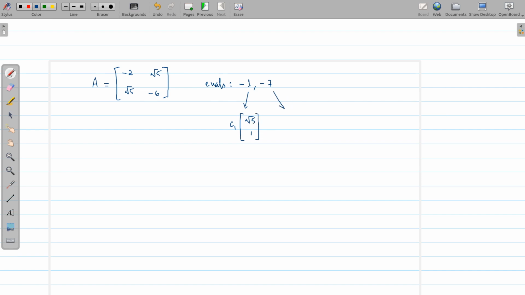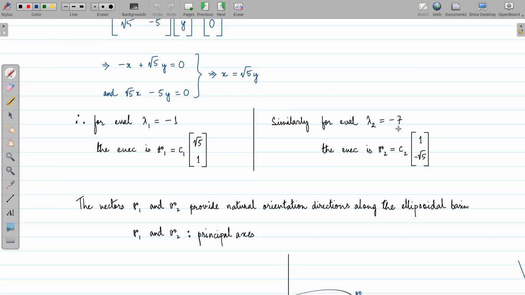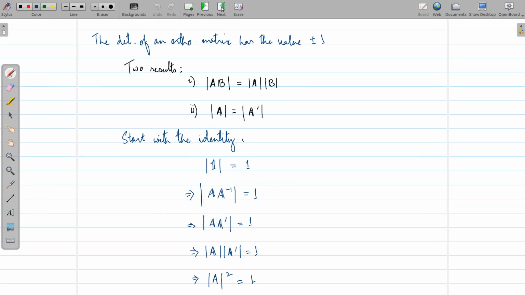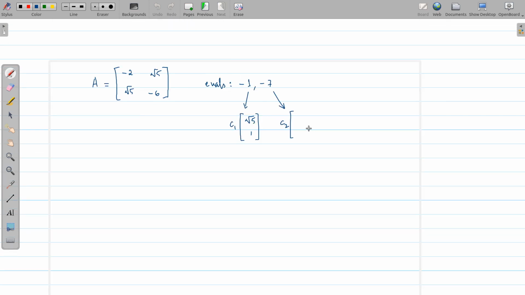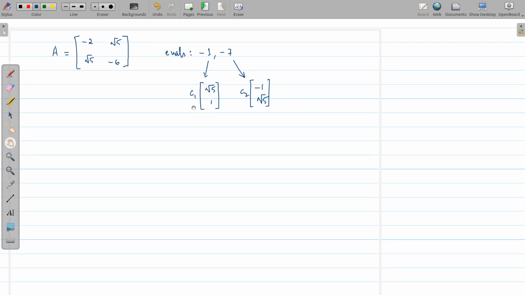And the eigenvector corresponding to minus 7 will be C2 times (1, minus root 5), or I could just write it as (minus 1, root 5). Both will be correct. So these are the eigenvalues and these are the eigenvectors.